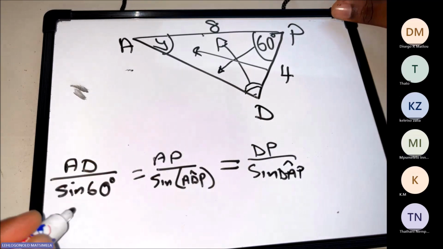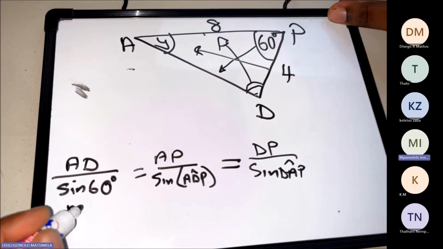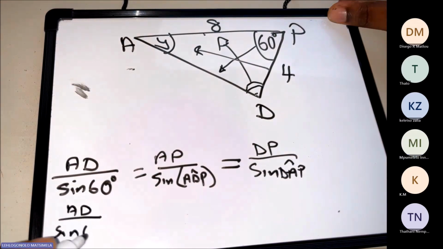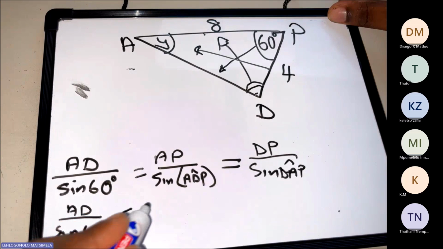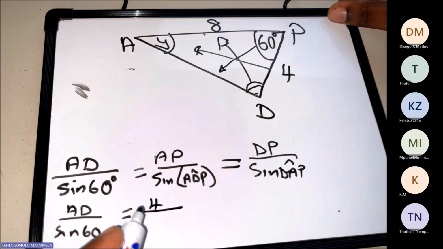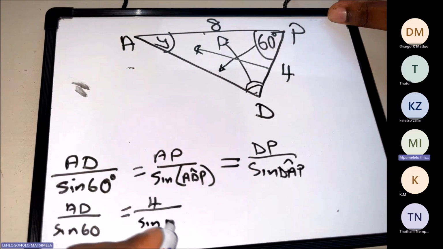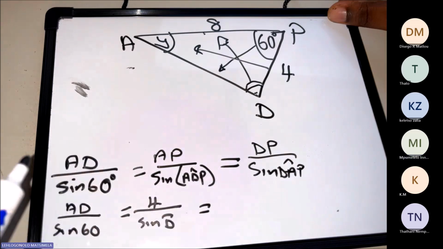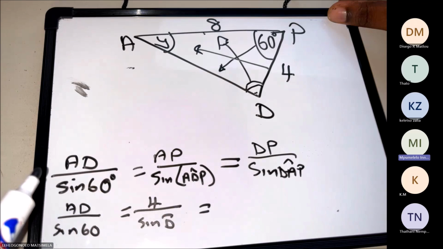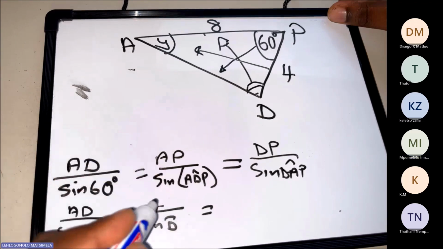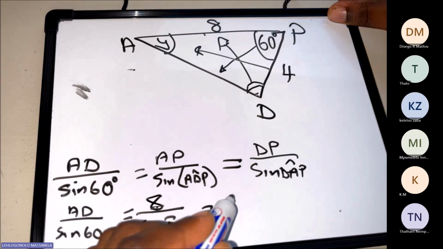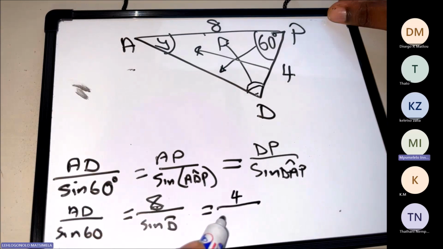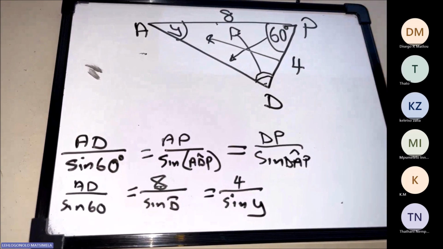So simply this one can be written in the form of AD divided by sine 60 is equal to AP, which is 4, divided by sine of angle D, which is equal to DP, which is, wait, AP is 8, sorry. And then DP, which is 4, divided by sine angle Y. So this is the sine rule of this one triangle at the end.